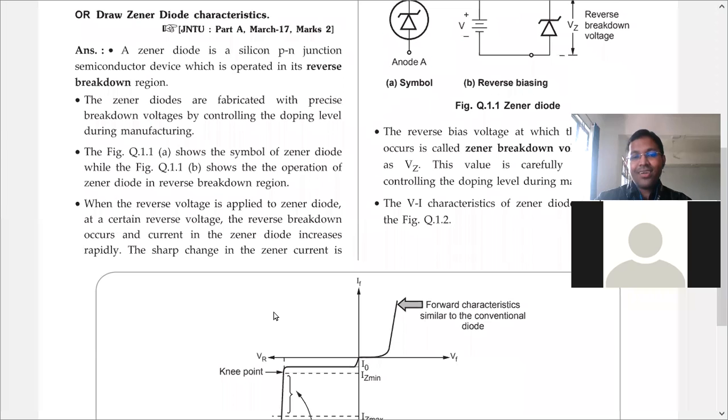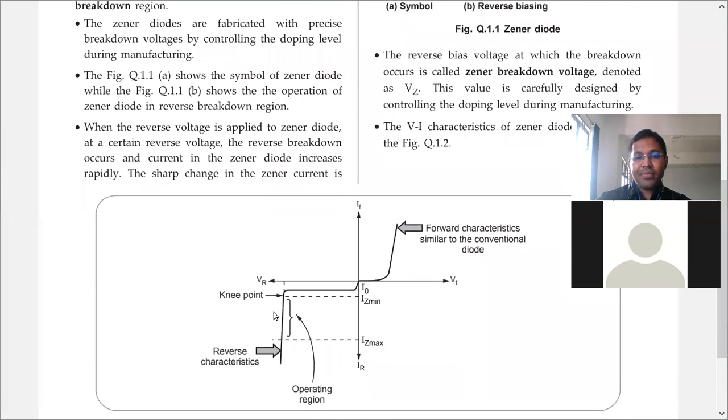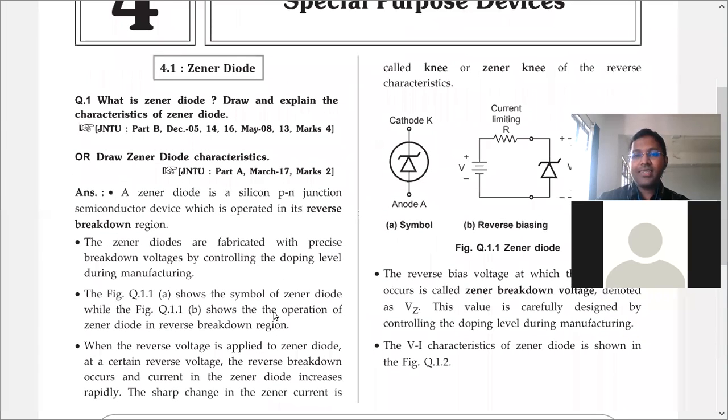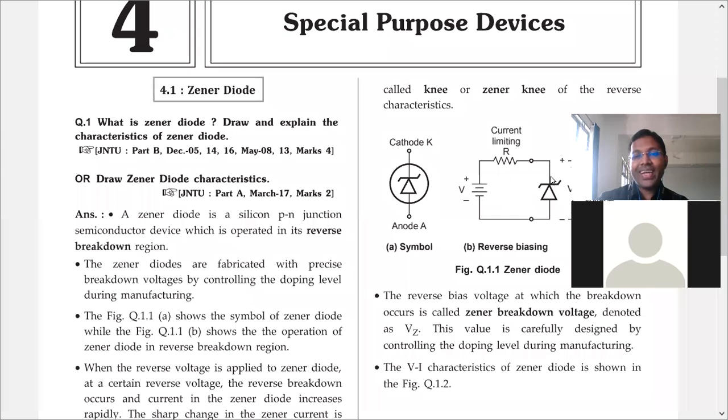The important operation that we need to remember is that the Zener diode is operated in reverse bias. See this circuit: the cathode, the negative of the diode, is connected towards the positive of the supply. This is the thing you need to remember. Obviously we are connecting a resistor to protect the Zener diode.